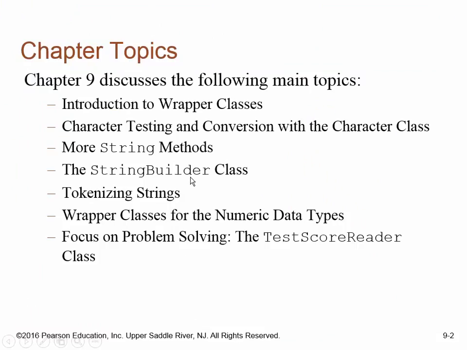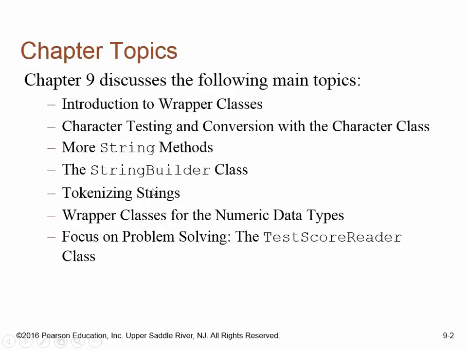So we will introduce the wrapper classes, which we've already looked at a little bit, talk about character testing and conversion, talk about more string methods, and the StringBuilder class. The StringBuilder is to strings what the ArrayList is to arrays, so it allows you to make mutable strings, so to speak. We'll talk about how to tokenize strings.